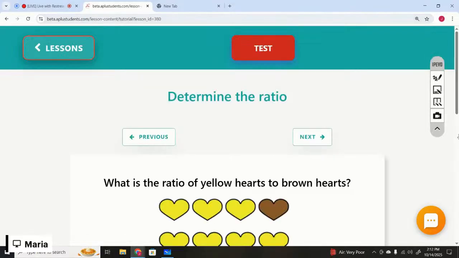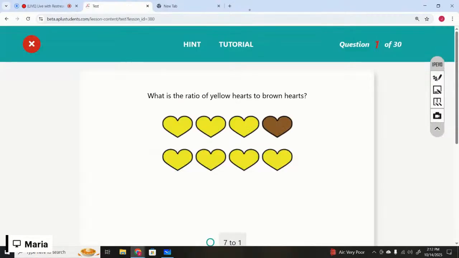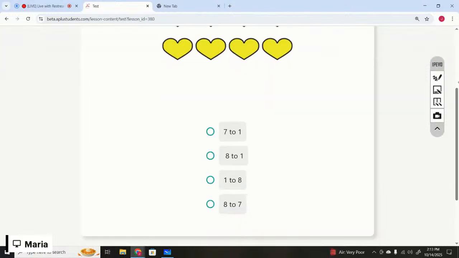Let's just start with the test questions. What is the ratio of the yellow hearts to brown hearts? That would be 7 to 1, the correct option.